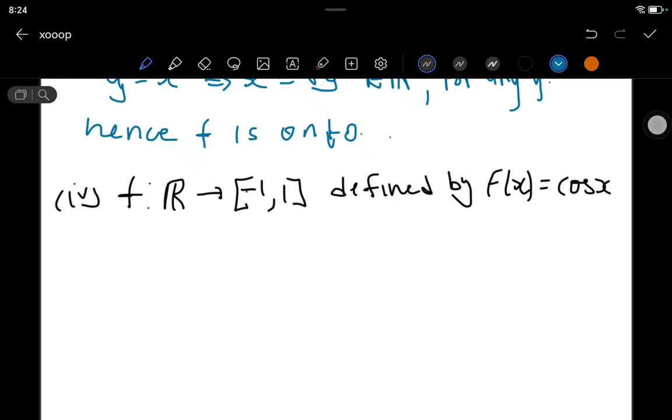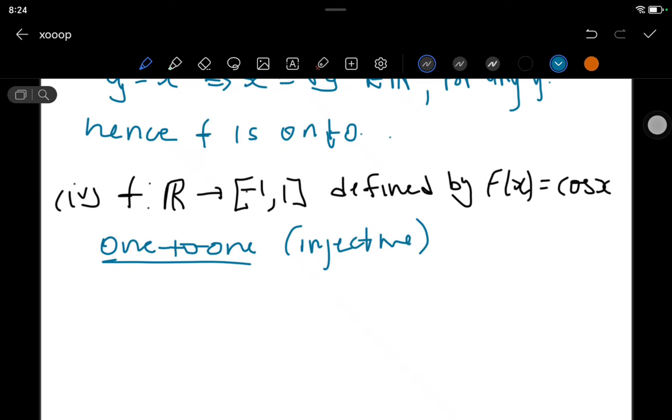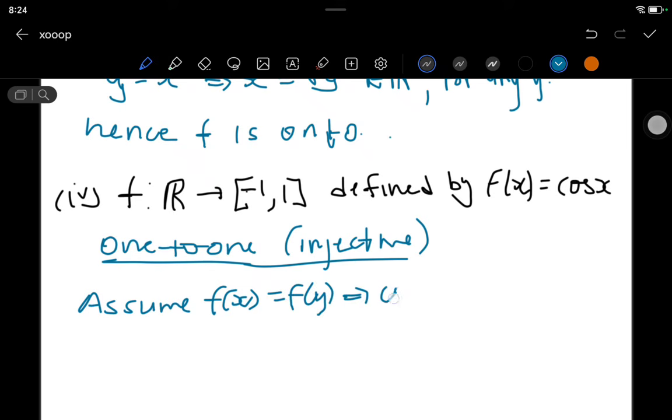Now, for us to prove this, we're going to start with one-to-one, which is injective. We're going to check one-to-one. We're going to assume f of x is equal to f of y, which implies that cos of x is equal to cos of y.